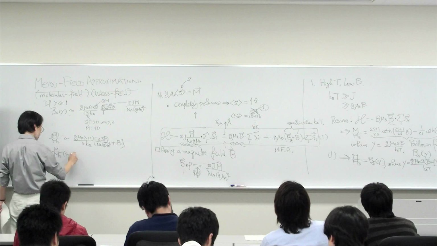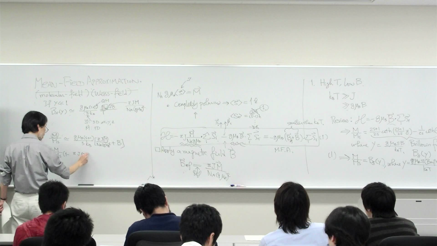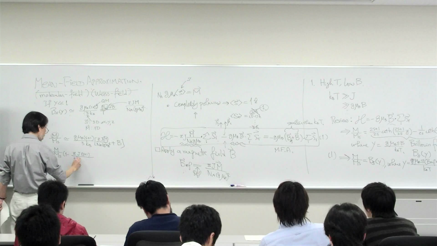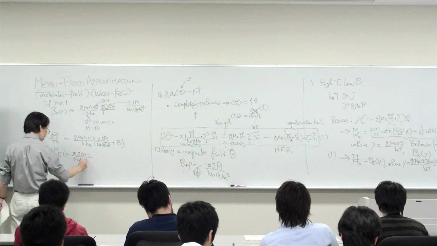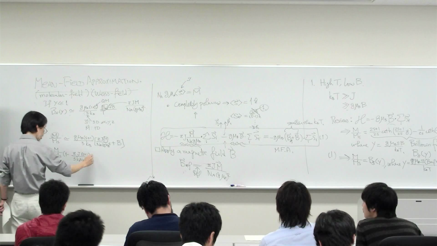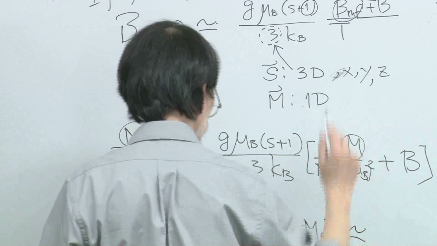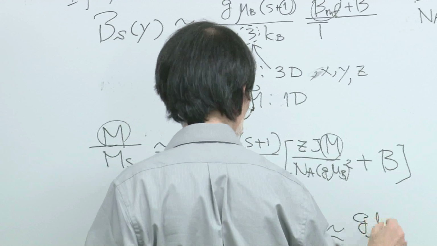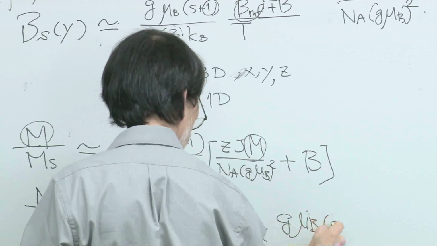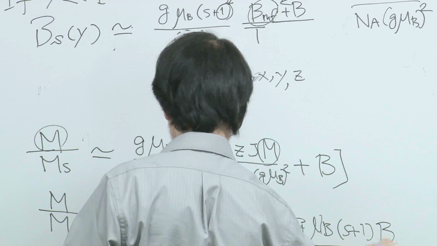So Z times J times S plus 1 over 3kB Na G times mu B once, and then I have M, so multiplying with M is approximately the remainder, so G times mu B times S plus 1 times the magnetic field divided by 3kB.